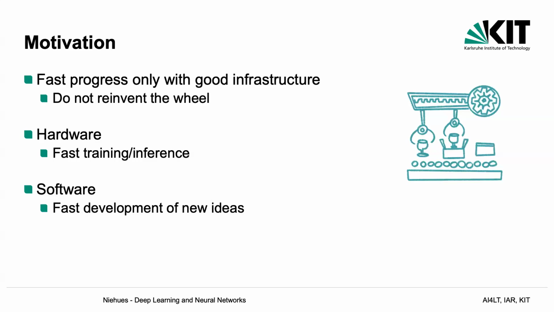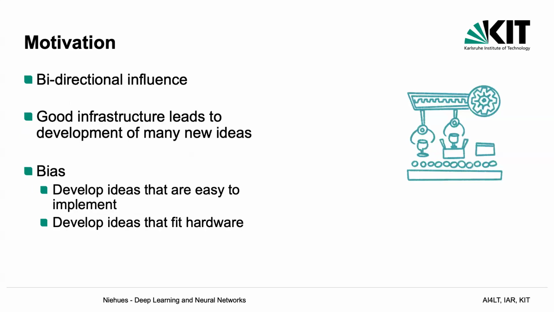Furthermore, this type of infrastructure has a bidirectional influence. On the one hand, the better infrastructure you have, the larger models you can build, your models get better, and you can have really large improvements. So definitely one reason why nowadays we have such well-working neural networks, and maybe it wasn't that good 40 years ago, is because we have more data and more processing units.